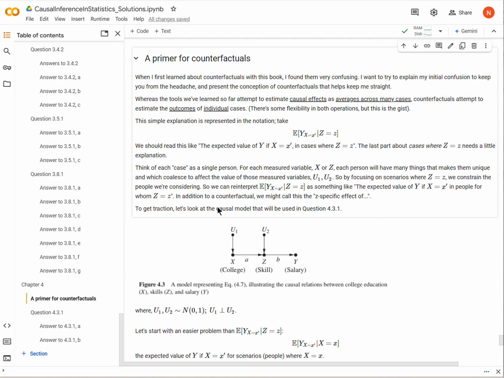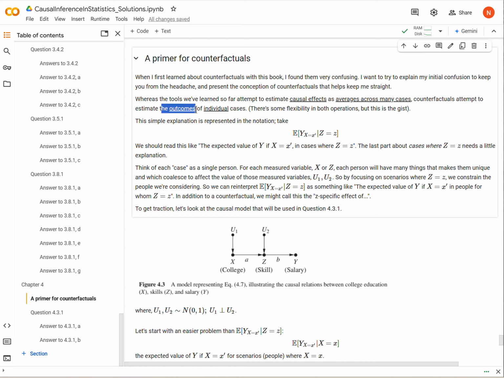But counterfactuals are doing something slightly different: they are estimating outcomes of individual cases. Just compare these. Causal effects, like trying to estimate A here, are averages across many cases.